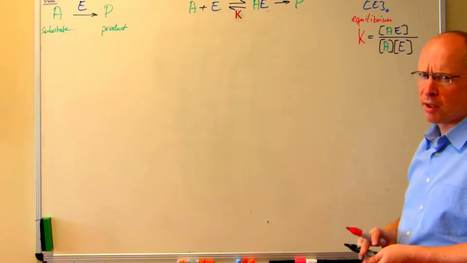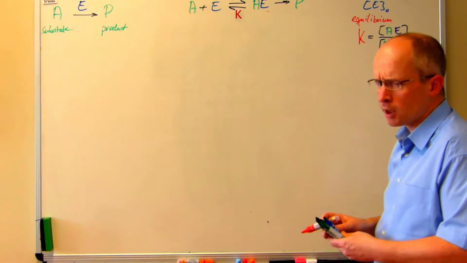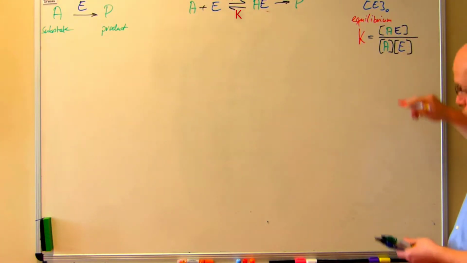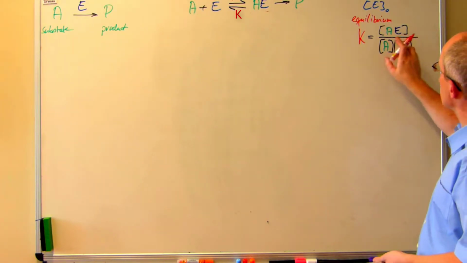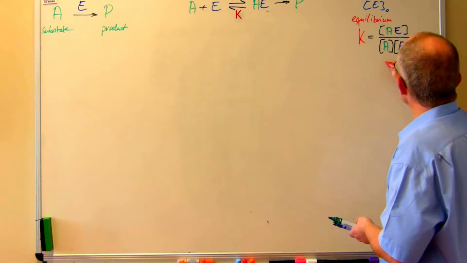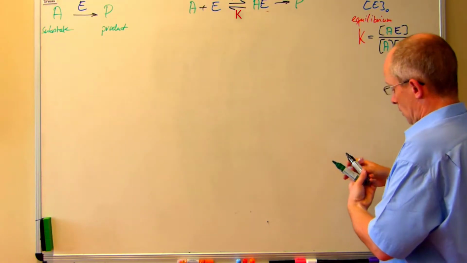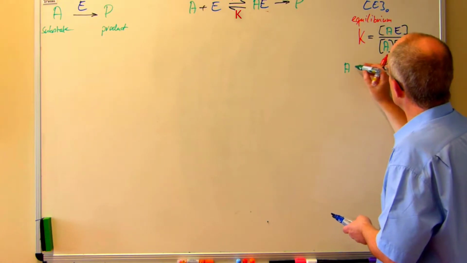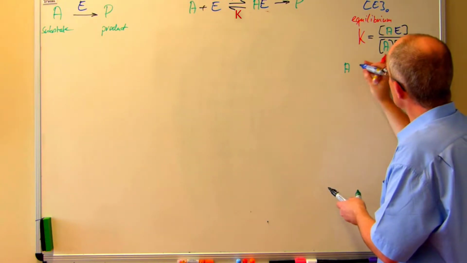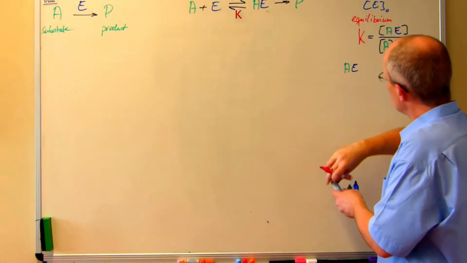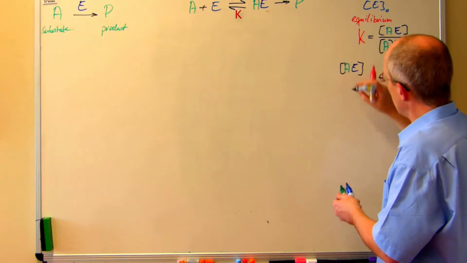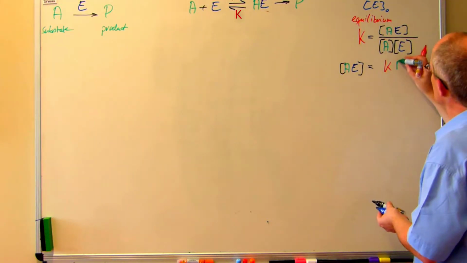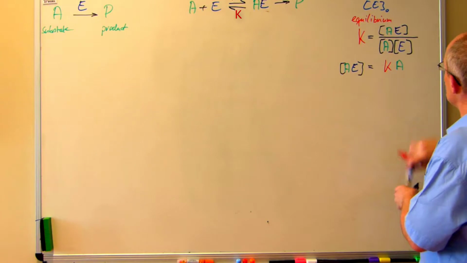We didn't gain that much by that, firstly, but be with me here, because this is something we'll be using later, especially that we can substitute this AE, assuming that these, of course, are non-zero. I can say that the AE complex is at all times equal to K times the concentration of A and the concentration of E.